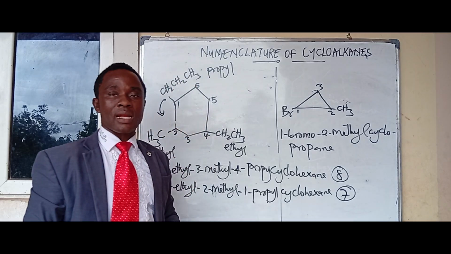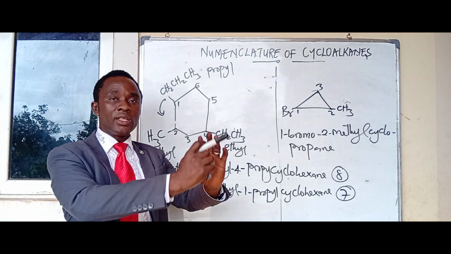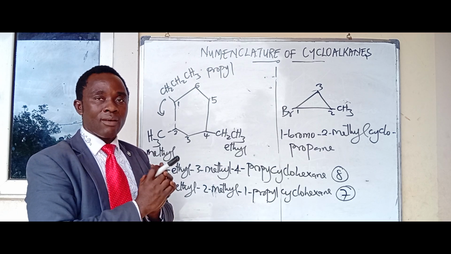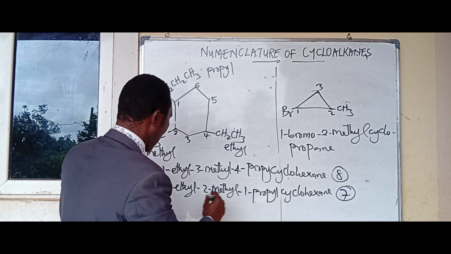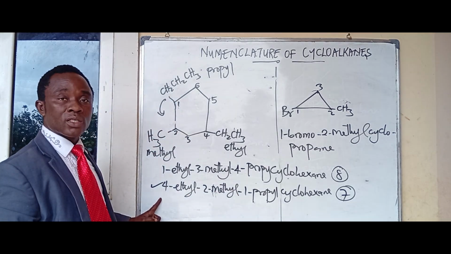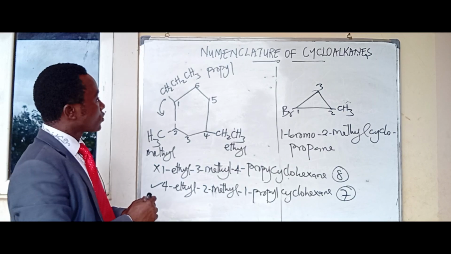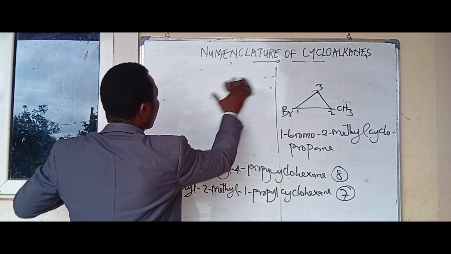The right nomenclature will be the one in which the substituent addition gives us the lesser number. So 7 is lesser than 8. That is why this will be the right nomenclature, and not this. Now, we go further in this class.